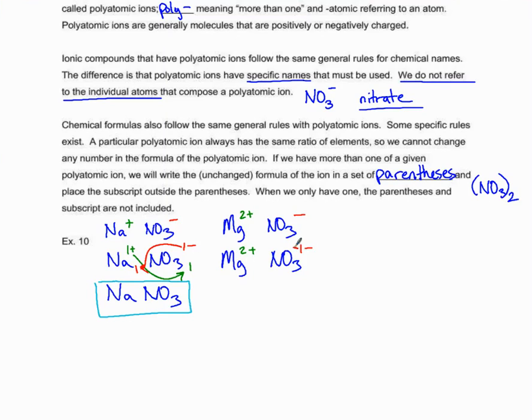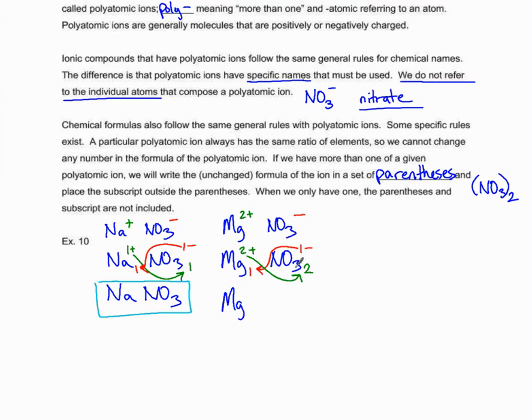So switching the charges, this 1 comes here for the magnesium. This 2 on the magnesium charge will become the subscript for nitrate. And then we're going to have to rewrite it. So we have 1 magnesium, so the subscript just disappears. The fact that Mg is here implies that we already have 1. So this subscript of 1 won't show up.